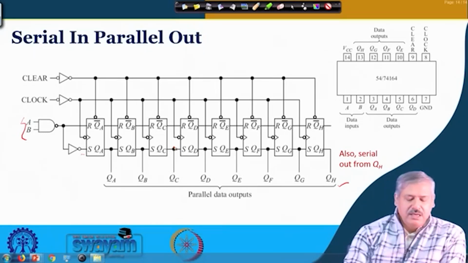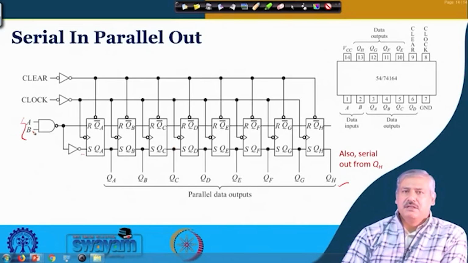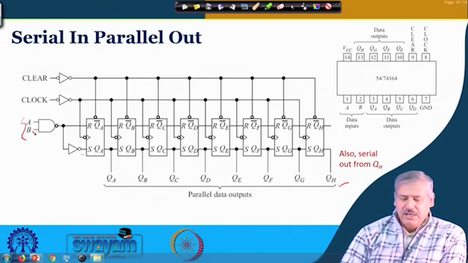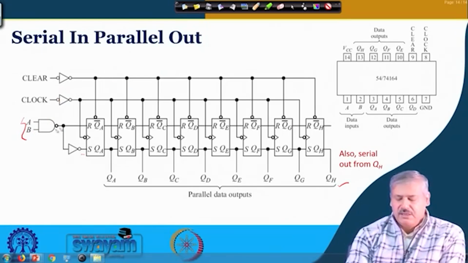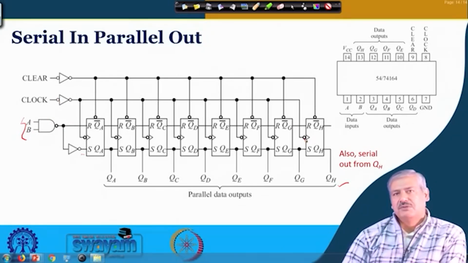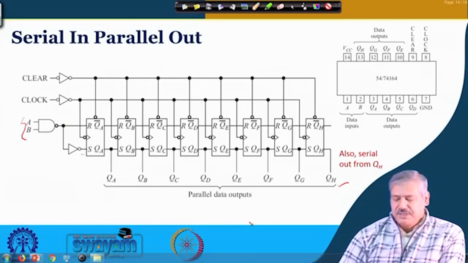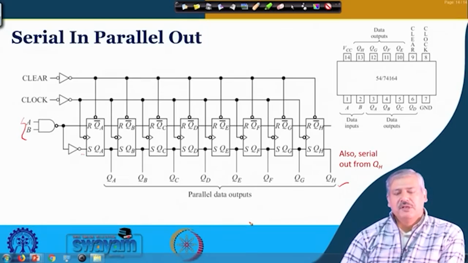These A and B can interchange their role. One can become the control input, the other can become the data input. And we have got an asynchronous reset, which is active low and common one, and also a common clock. This is the way the circuit behaves.